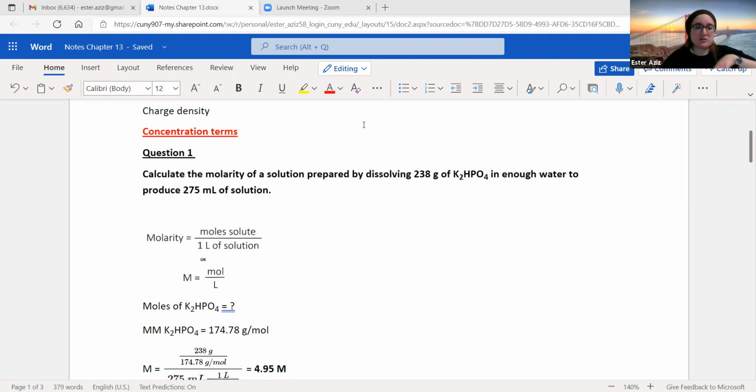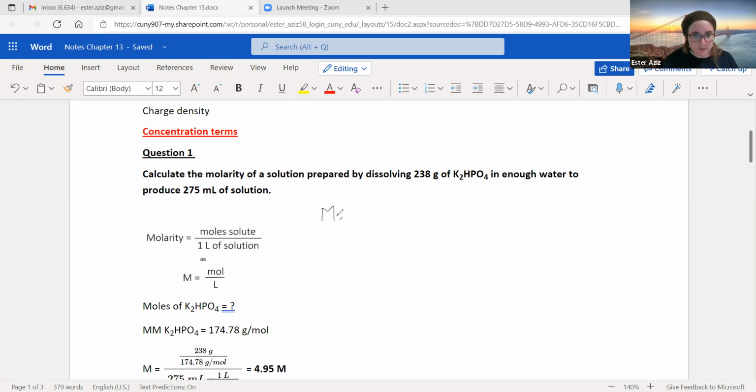I have some questions prepared, but let me first write the different terms here with their definitions, because it's very important to know the definition. When you have problems on concentration terms, the first thing to do is always to write the definition of the term that we're dealing with. So we have different terms.